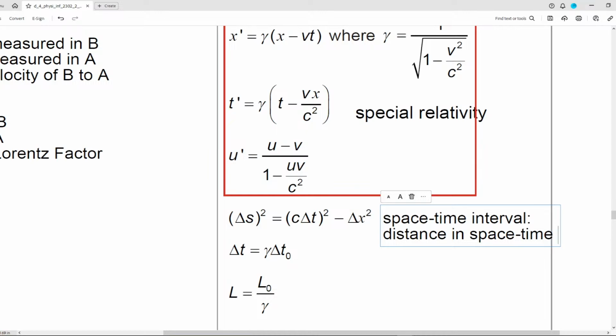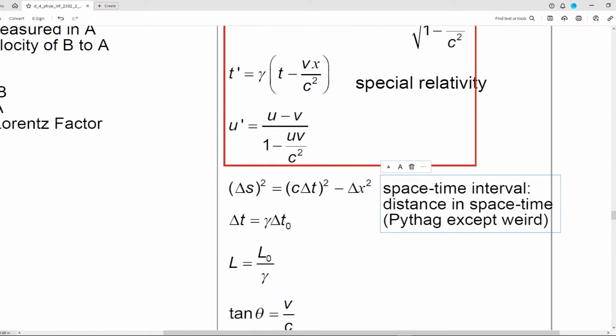So it's Pythagorean theorem, except weird. That's where it comes from. It's time squared minus space squared.